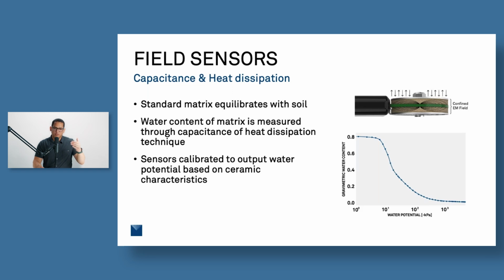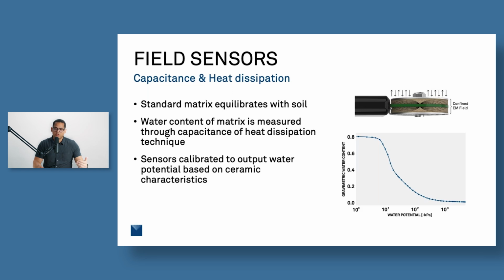It's going to allow water to come in and out as water potential changes in the soil. And we're going to measure that change either through that capacitance or heat dissipation measurement. And then we're going to relate that measurement of the amount of water in the ceramic to the water potential in the field, because what we've done is characterized that relationship between water content and water potential for the ceramic.